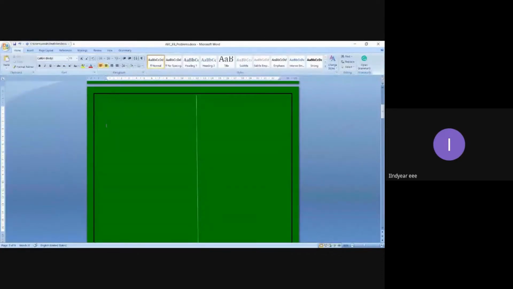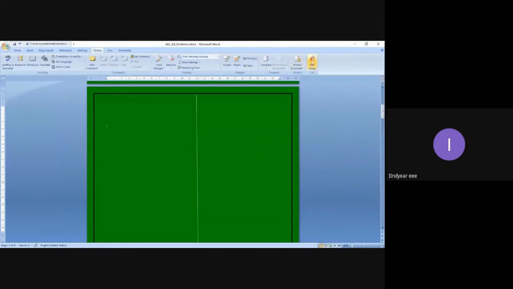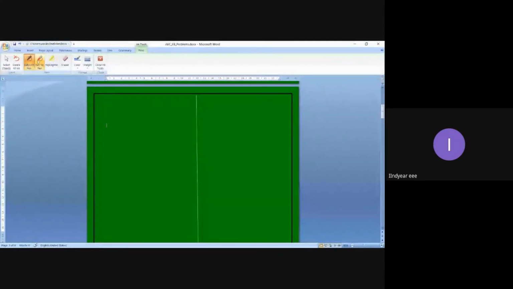So VCE1 is VCC minus IC1 into RC plus RE, or VCE1 is equal to VCC, 20, minus IC1, which is 2.01 milli, into RC, which is 2, plus RE, which is 1.